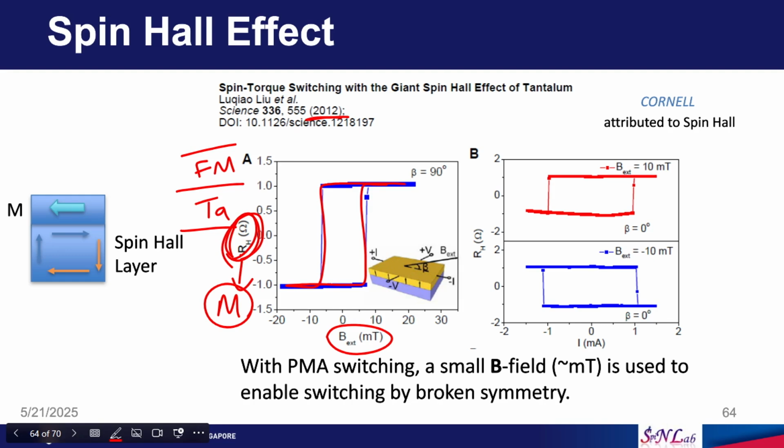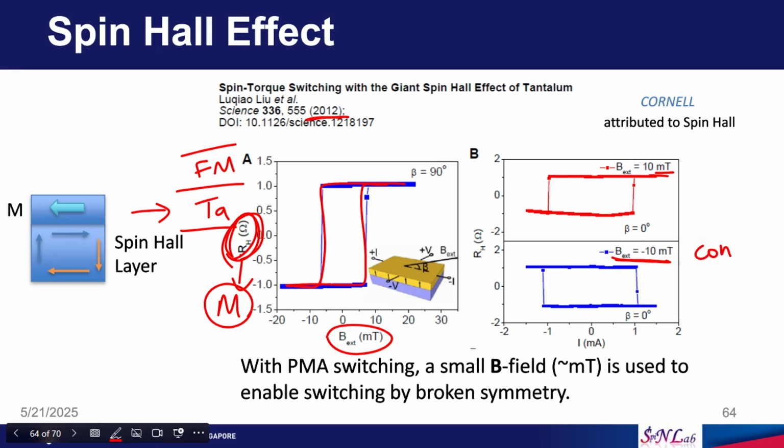Okay. So, in the next slide what they do is they send a current through the tantalum layer. Okay. So, here there is a little bit of external magnetic field, okay, but this is fixed, this one is constant.